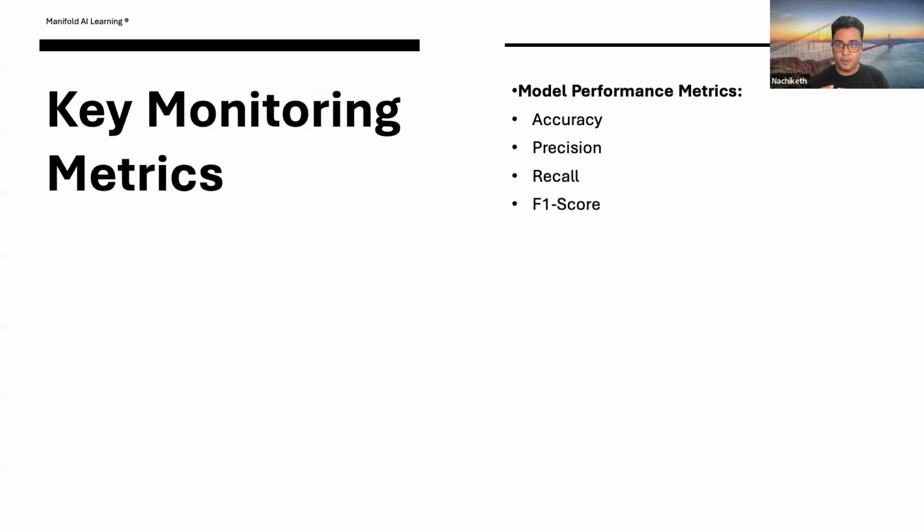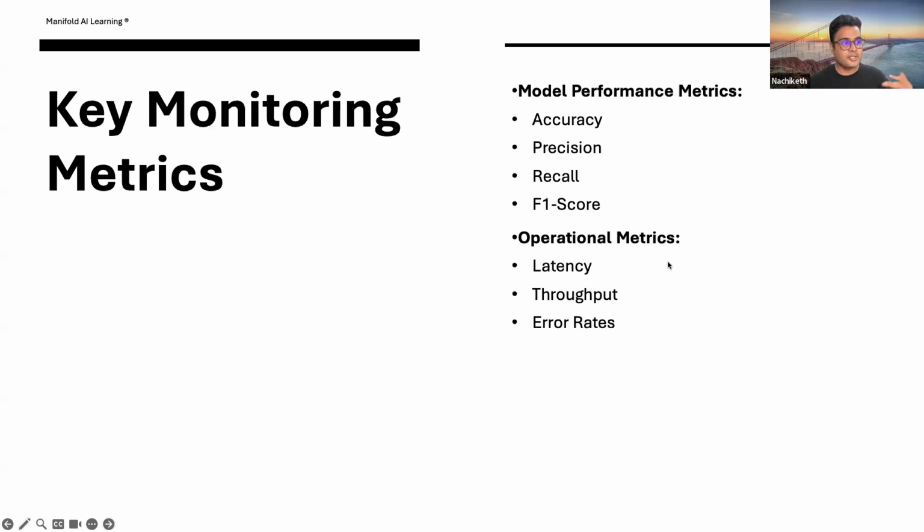Next, this model will be running on a server. Now I have to monitor those as well. So here, the other operational metrics would come into the picture. The operational metrics are latency, throughput, and error rate, which are very similar to the general software application.